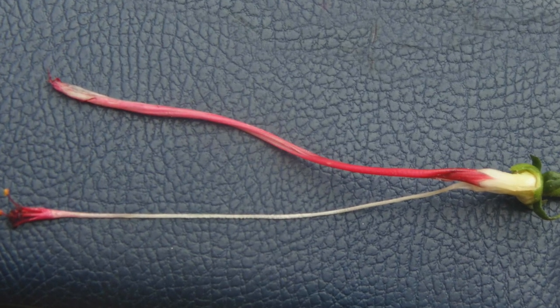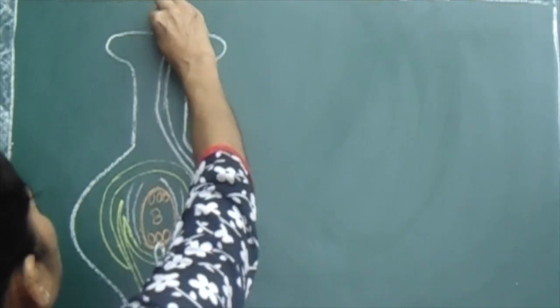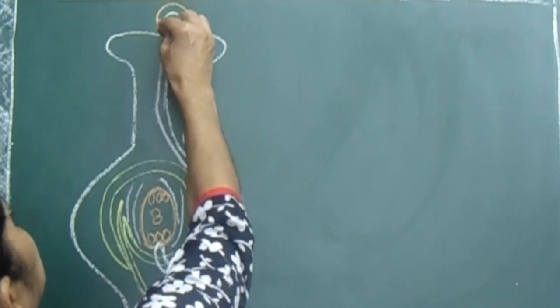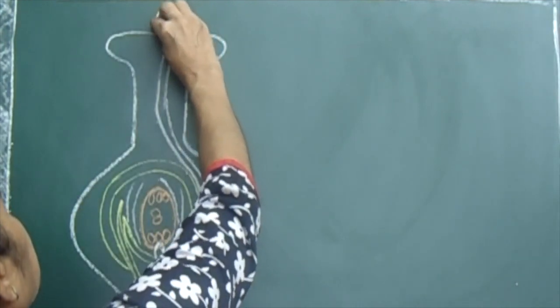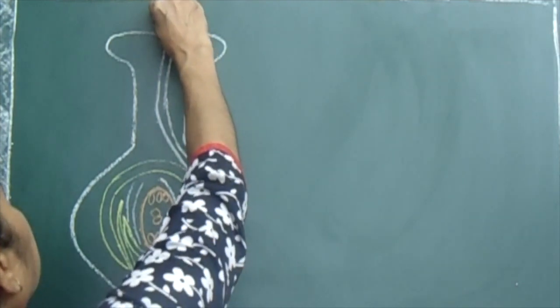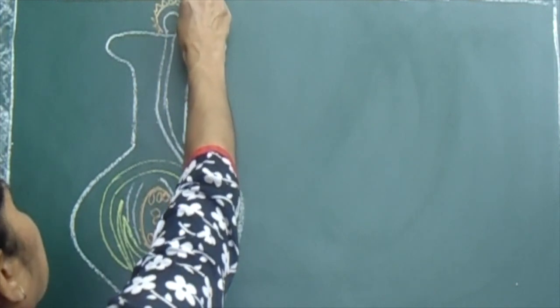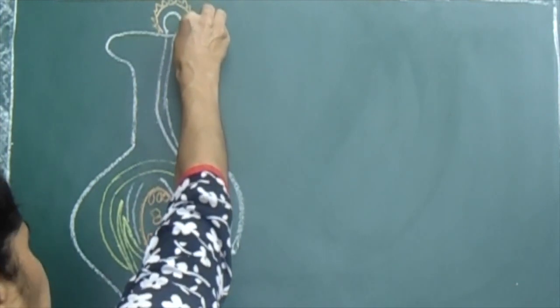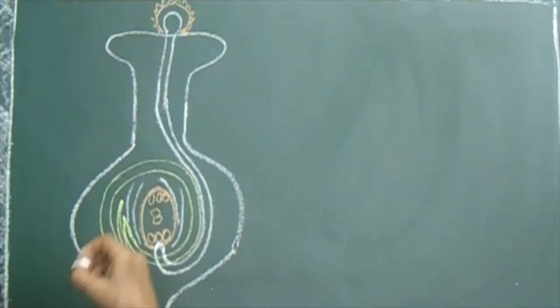Now the complete structure of the pollen grain. Let's draw. Another line you will come like this. Then you can draw the structure any way in this way. A zigzag structure. One more we'll be drawing.